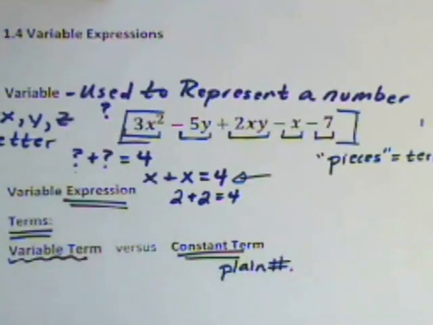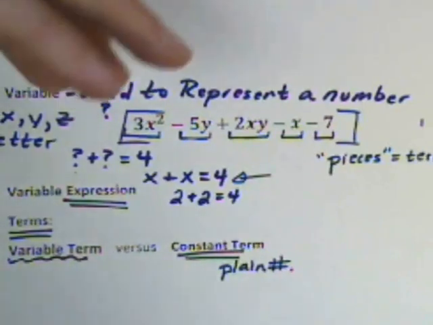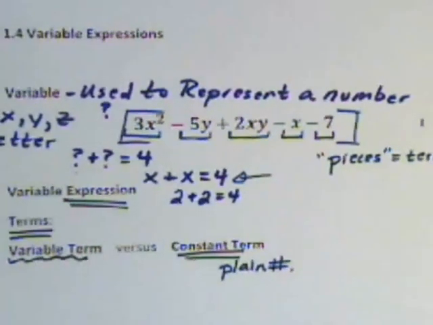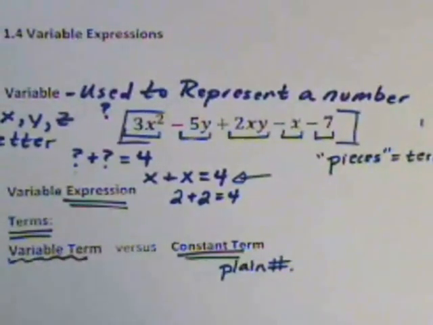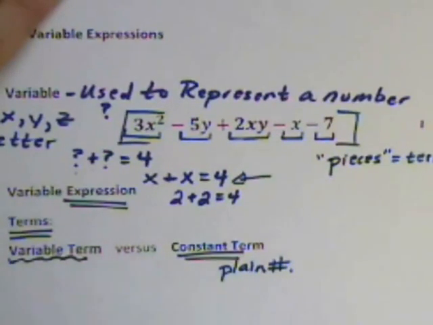As you progress through mathematics, a lot of times we use these relationships to model real-life things. Now, we're not quite there yet. Right now we're looking at basic principles to help us build up to that point. But this is a really good thing to notice because as you look specifically at word problems later on, you'll notice that the constant term, the plain number, is kind of like a set thing.